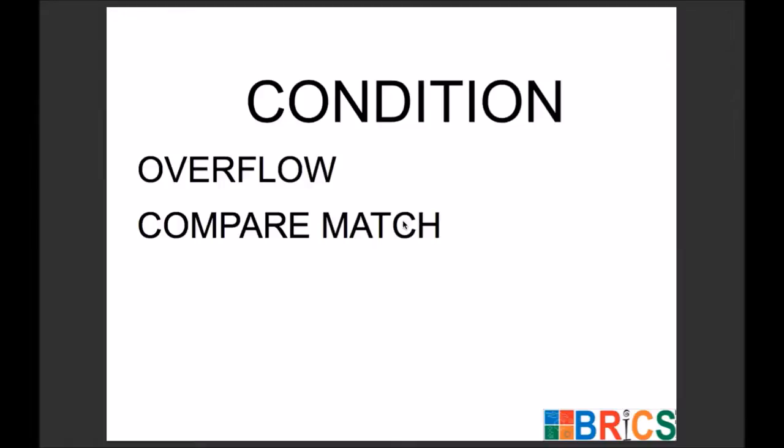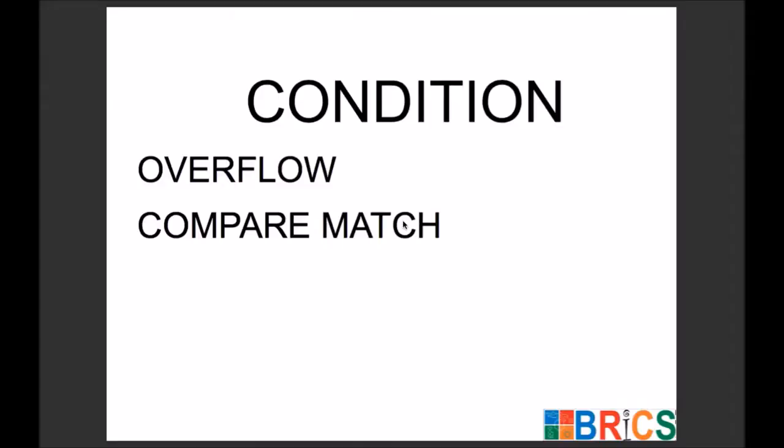Now based on these two registers, one running and one not running, we have two conditions. One is overflow. Whenever TCNT0 tries to become 256, the overflow condition will occur. Second, whenever the value of TCNT0 becomes equal to OCR0, it's called compare match.